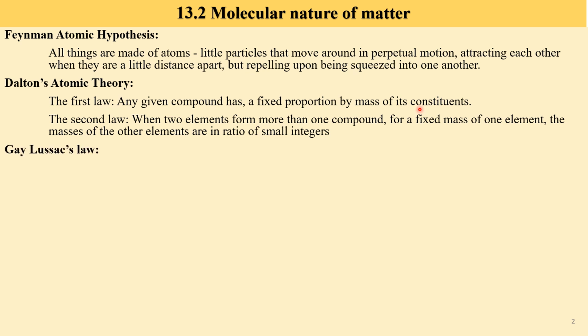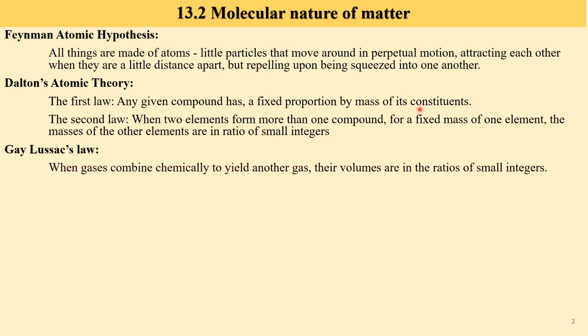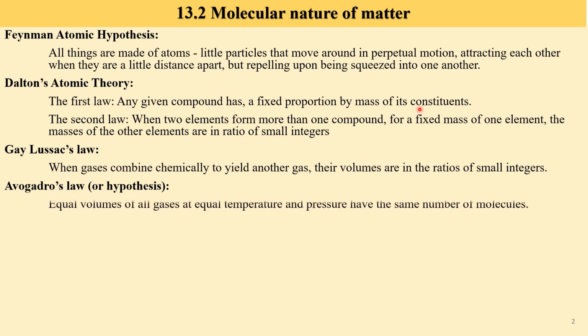Gay-Lussac's law, also given early in 19th century, states that when gases combine chemically to yield another gas, their volumes are in the ratio of small integers. Then Avogadro's law or Avogadro's hypothesis: equal volumes of all gases at equal temperature and pressure have the same number of molecules.